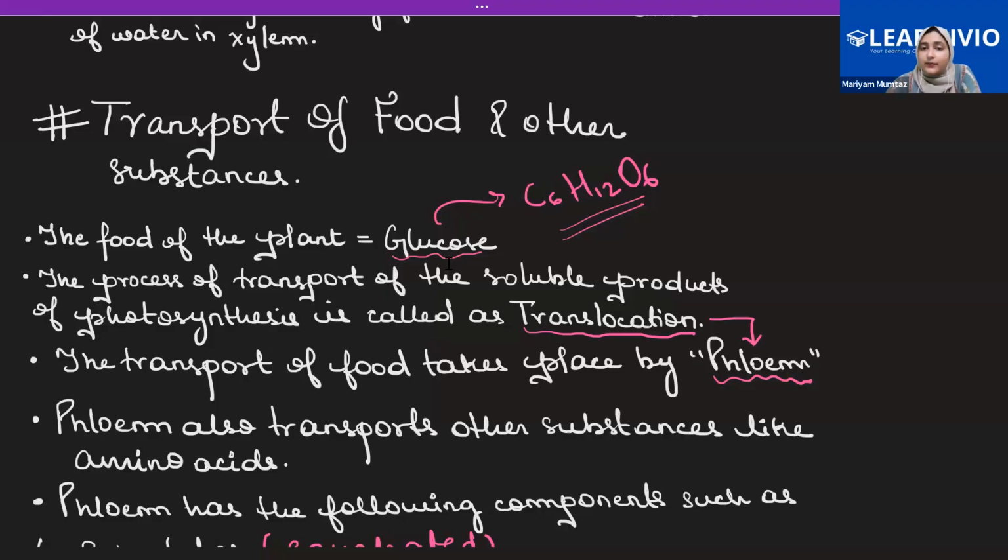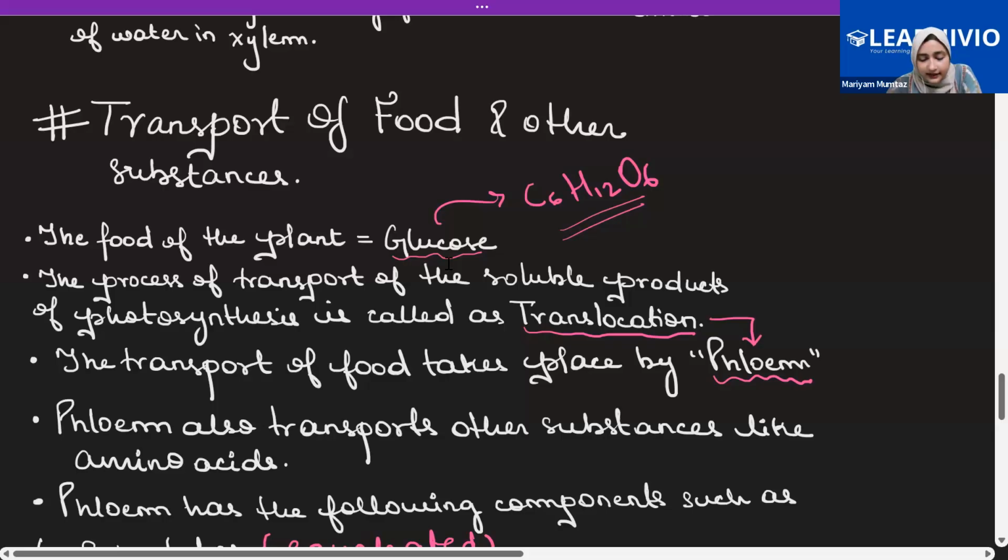The process wherein the glucose gets transported, we call translocation. Other than the food molecule, the phloem also transports substances like amino acids that are necessary for the growth of plants.